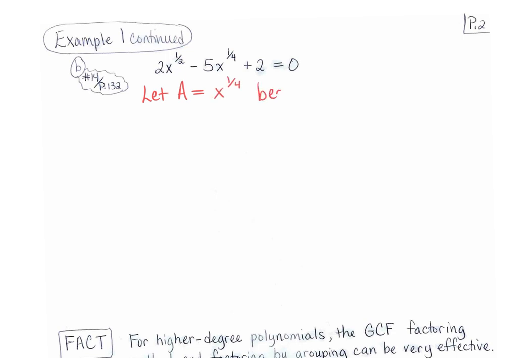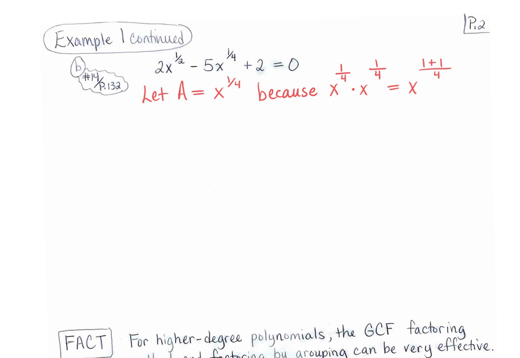Because x raised to the 1/4 times x raised to the 1/4, whenever we multiply two expressions like this that have the same base, with our laws of exponents, we keep the base and we add the exponents. So that will be 1/4 plus 1/4, which is 1 plus 1 over 4, because the denominator stays the same.